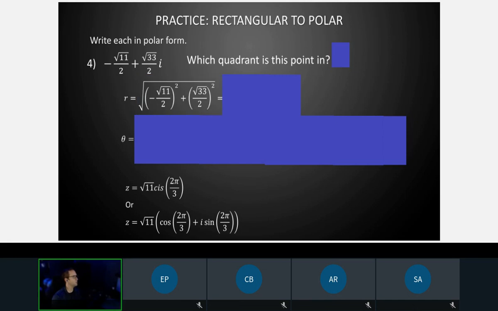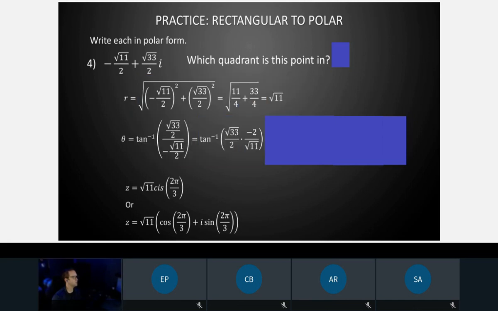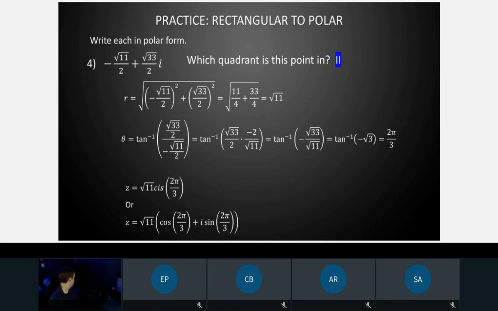And here is the work. Not too bad, right?